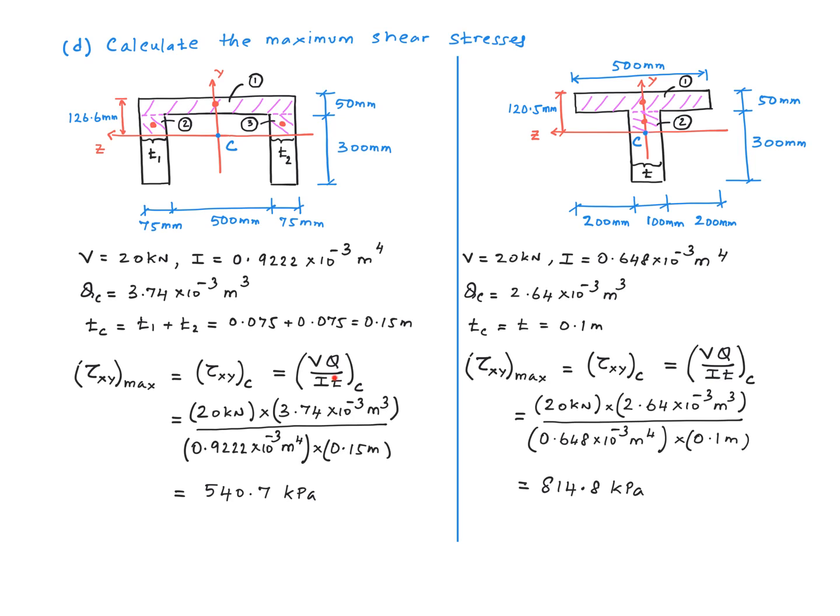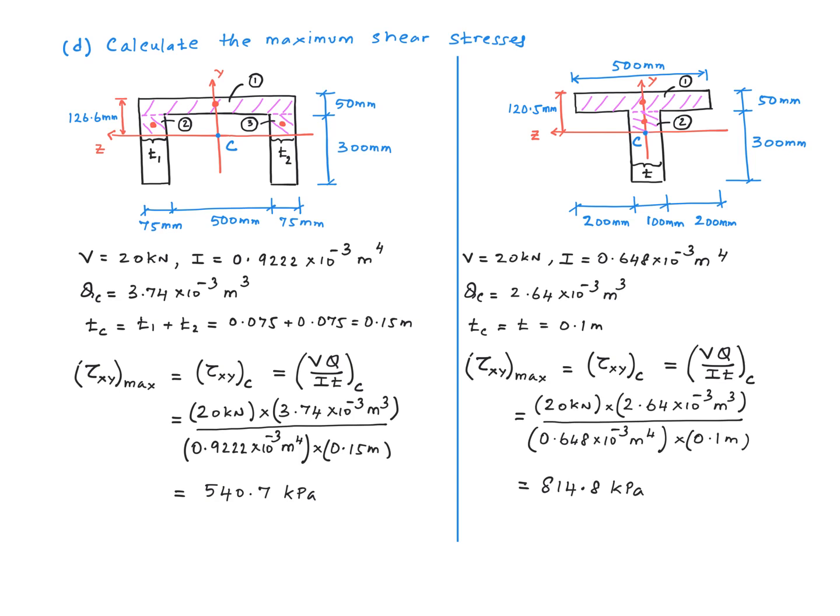Now we need a value for the little t that shows up in this formula. Little t would be the total width of the cross section on the z-axis of the solid part. All right, so here this plus that is the total width of the solid part, right? And therefore little t here would be t1 plus t2.